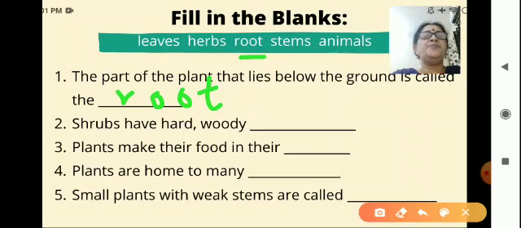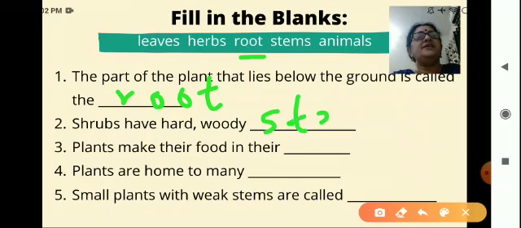Number 2. Shrubs have hard woody dash. Shrubs have hard woody stems. S-T-E-M-S. Stems.